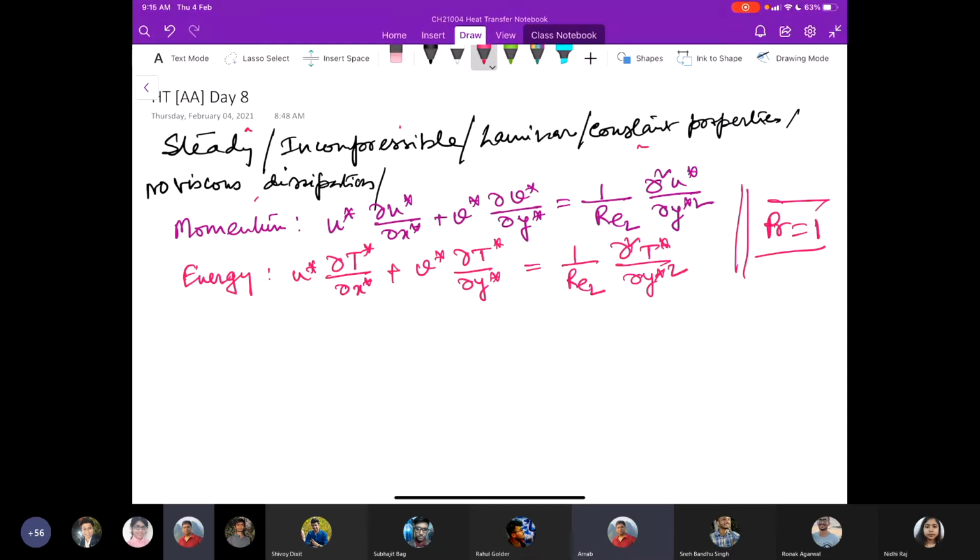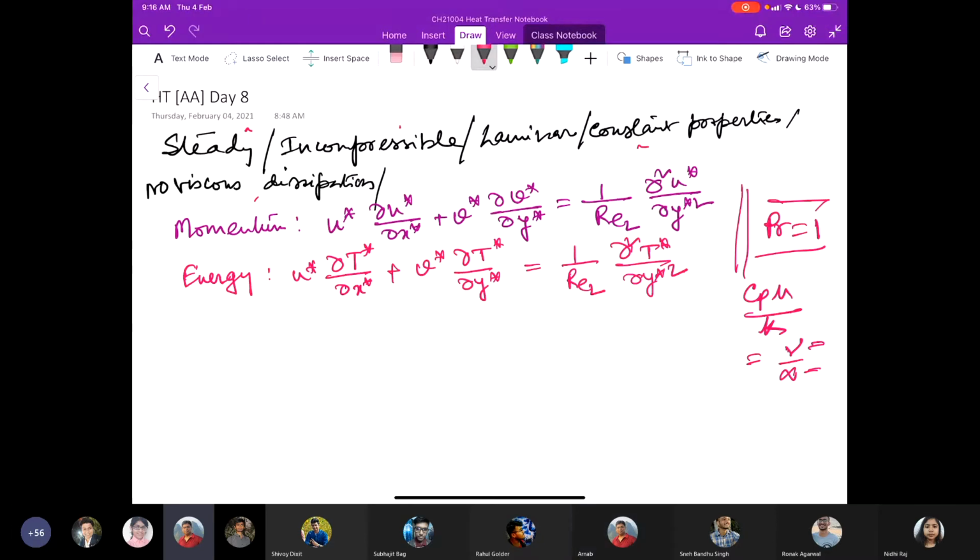The Prandtl number is Cp mu by k, or nu by alpha, momentum diffusivity by thermal diffusivity. Agreed?